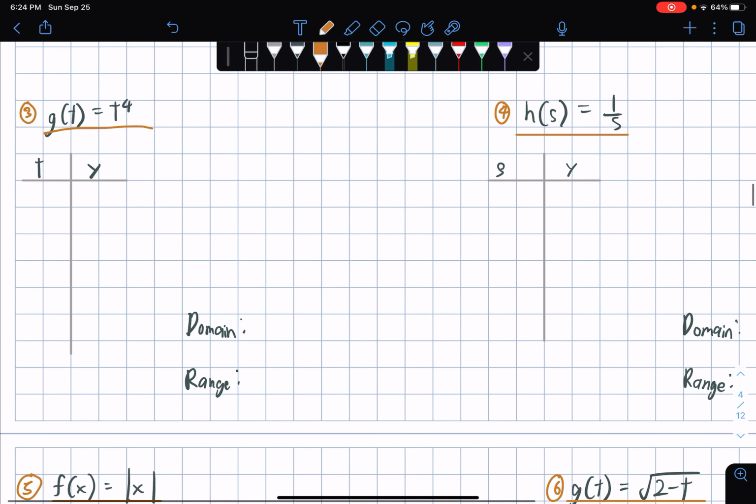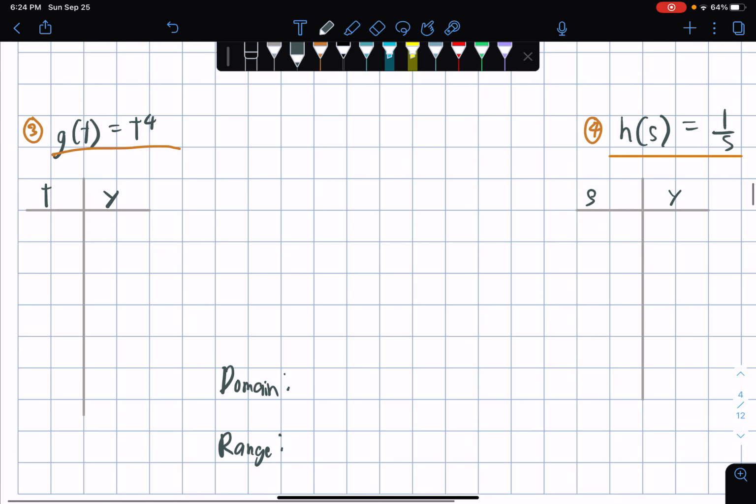Right, let's move to number 3. So right now, I think, if I'm not mistaken, this is a quartic function, since the variable is raised to positive 4. So let's just say, to be safe, that this is already a polynomial function.